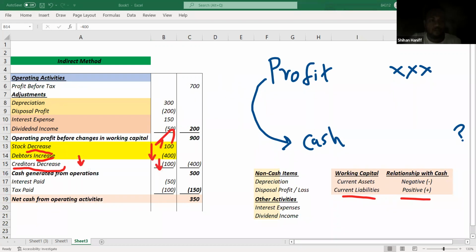Both methods I will explain. But if you understand the method, then it's easy.